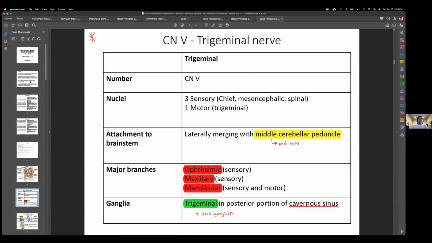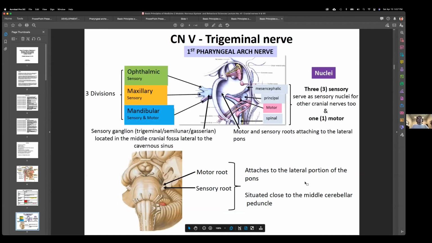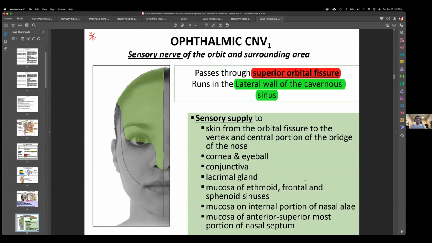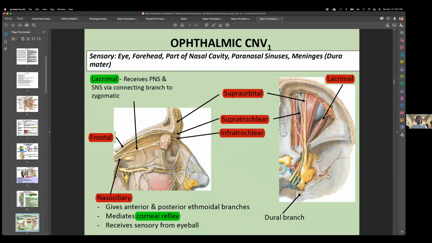Okay, so star, right? So these are going to be important things to remember. Where they come off the brainstem, what are the major branches? What are the ganglia? So make sure you know these, where they go. So again, a lot of rote memorization for this stuff, which is unfortunate. And then the divisions.